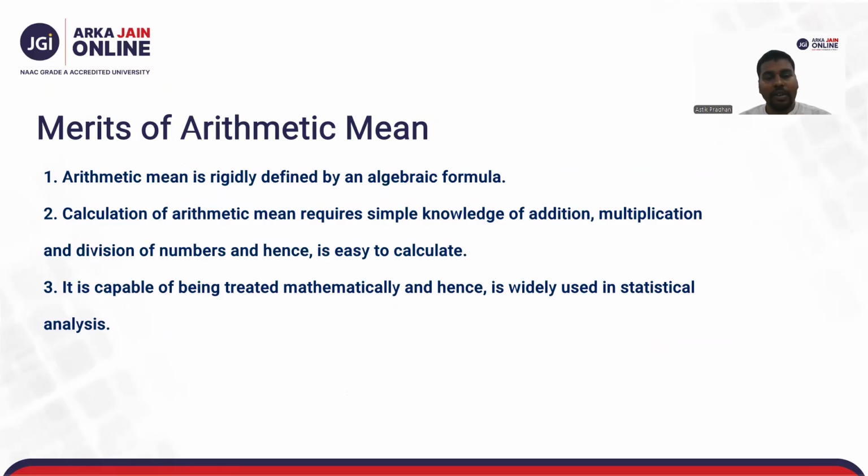Calculation of arithmetic mean requires simple knowledge of addition, multiplication and division of numbers, and hence is easy to calculate. If you have that knowledge, you will be able to calculate the mean value. It is capable of being treated mathematically, and hence is widely used in statistical analysis.